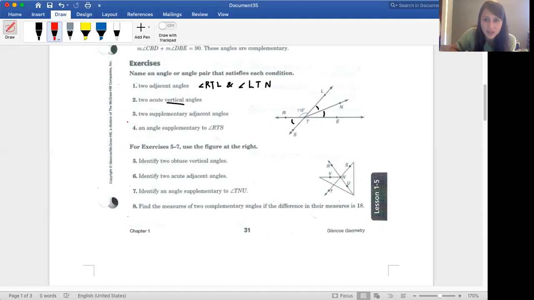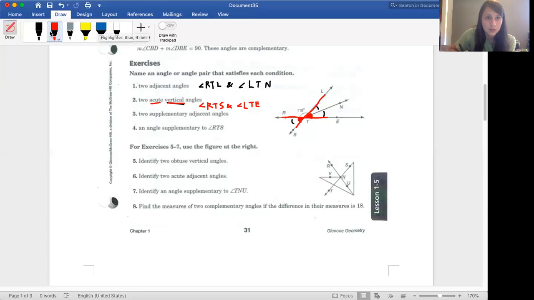So if you think about this, I've got a line here and a line here, and they are intersecting, which means the only acute angles that I have that are also vertical are these two angles, which means the two acute vertical angles would be RTS and LTE. Okay, so it has to fit both these two descriptions, acute and vertical.